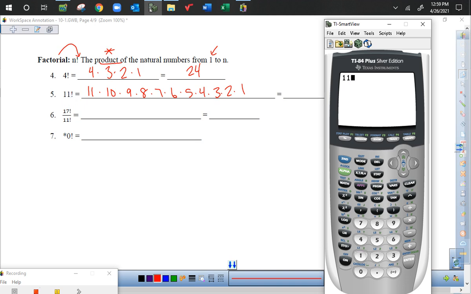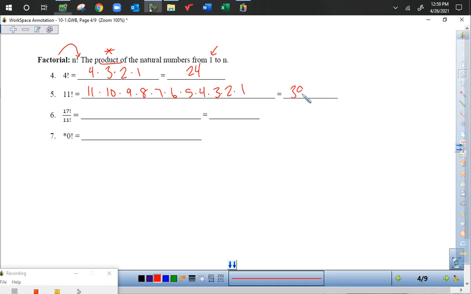Ours is 11, and then factorial actually falls under this math button. So click math for me, and then at the top, way at the right, PRB stands for probability. If you go over there, it's the 4th option down, and you can just click 4. And then that'll give you that product for you. So we've got 39,916,800.